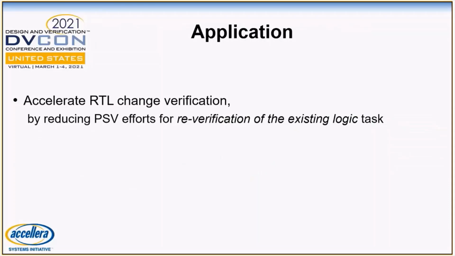As you might have noticed, the various capabilities of formal sequential equivalence that I had mentioned in the previous slide are actually a solution to the problems associated with re-verification of the existing logic task of the RTL change verification activity. Thus, leveraging formal sequential equivalence can significantly accelerate RTL change verification activity.